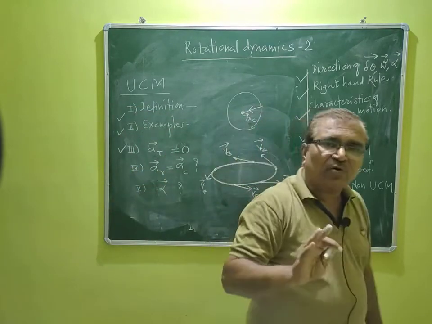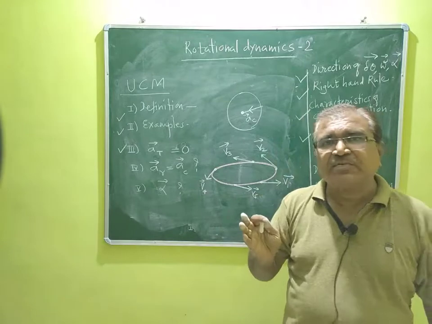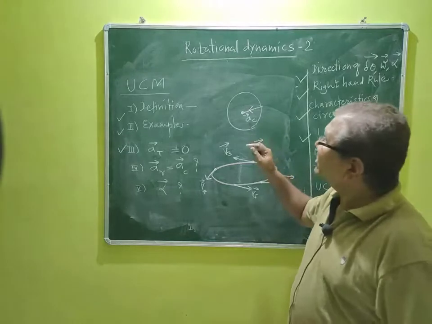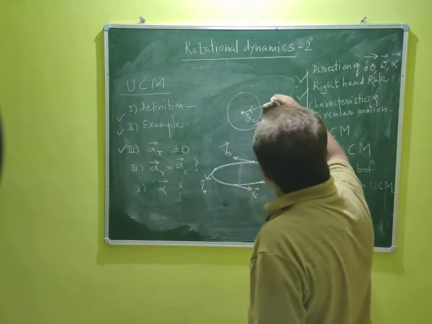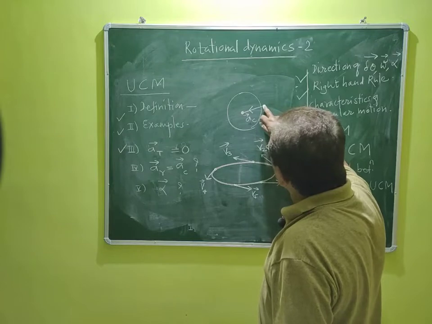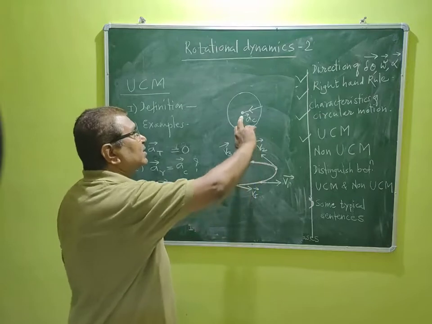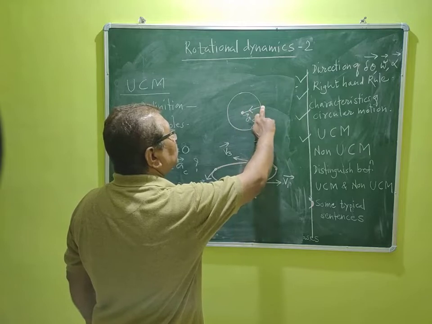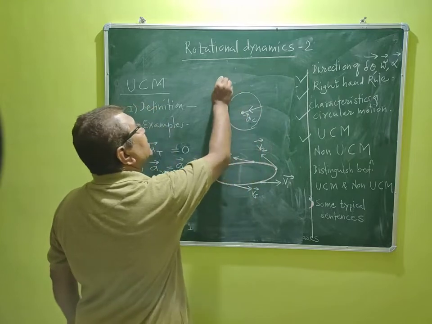Though the motion is uniform, direction of the linear velocity changes, and so the centripetal acceleration is born. It is also called radial acceleration because it acts along the radius towards the center, opposite to the direction of the radius vector, which points from the center outward, while centripetal acceleration is inward.